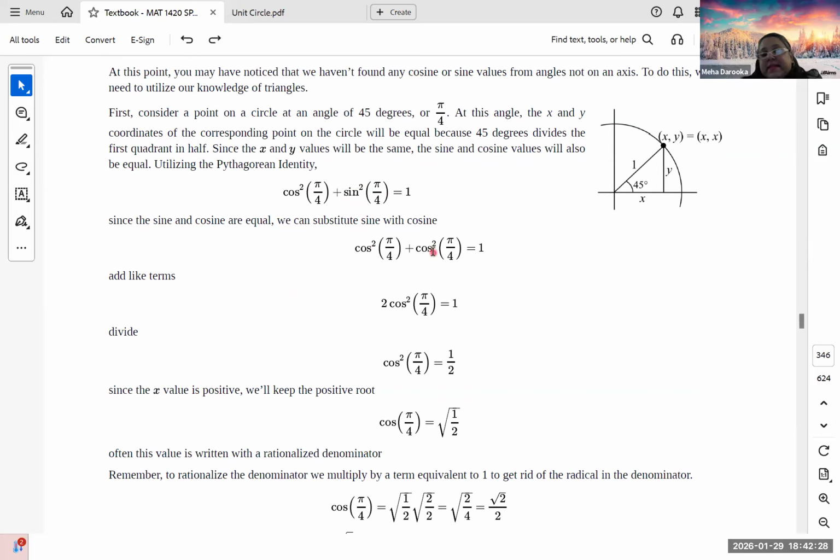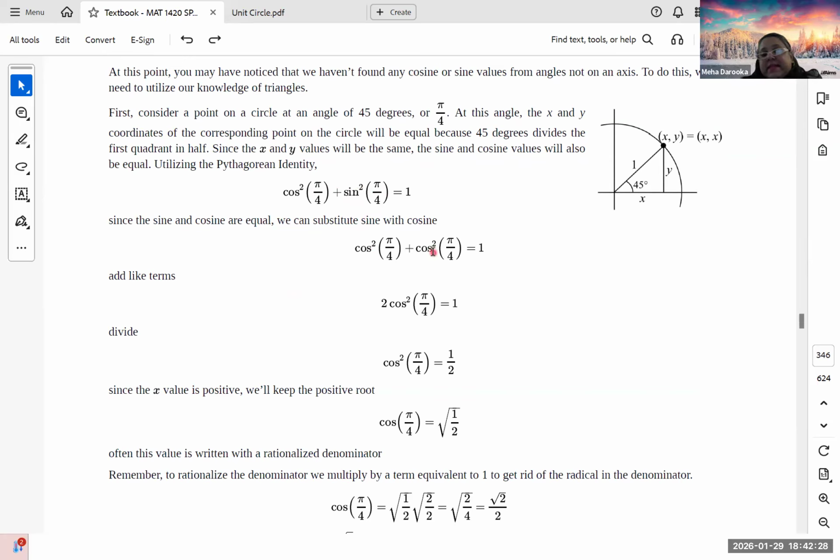So 1 plus 1 gives you 2, so this becomes 2 times cosine squared of pi over 4. Divide both sides by 2, so it cancels here.